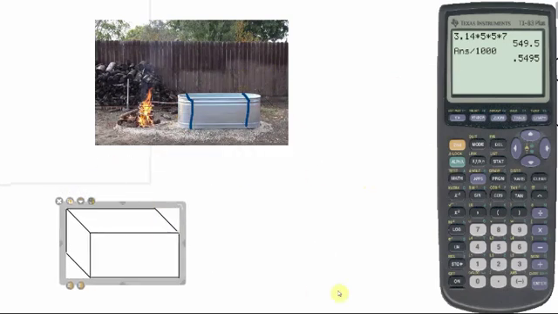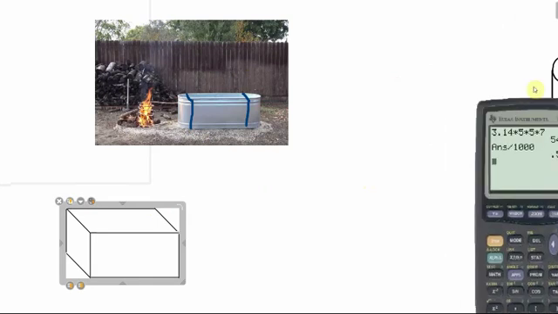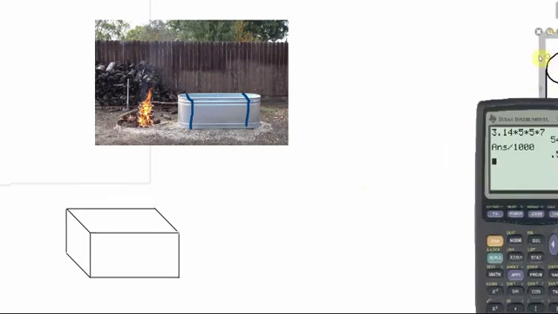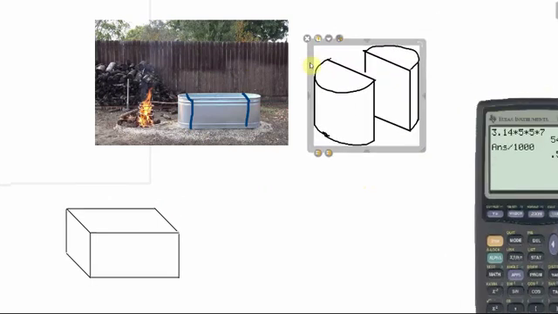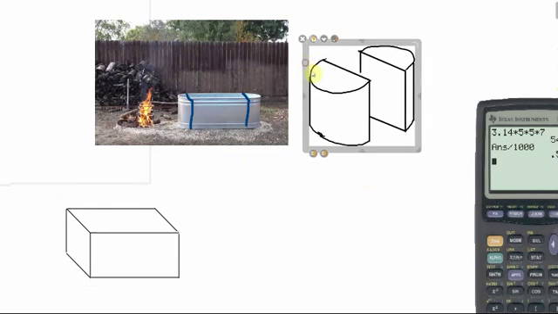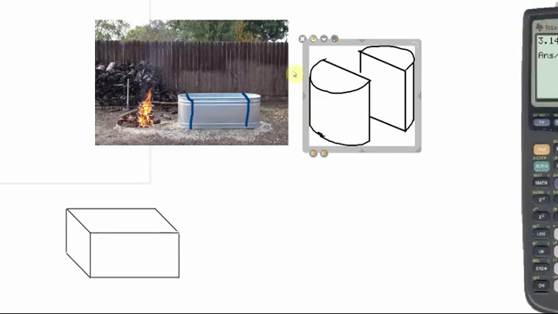Ta-da! And then we've got this weird stuff that on each end we've got one of these. So we've got these shapes on the end and roughly this shape. This looks like, to identify very clearly, a rectangular prism.